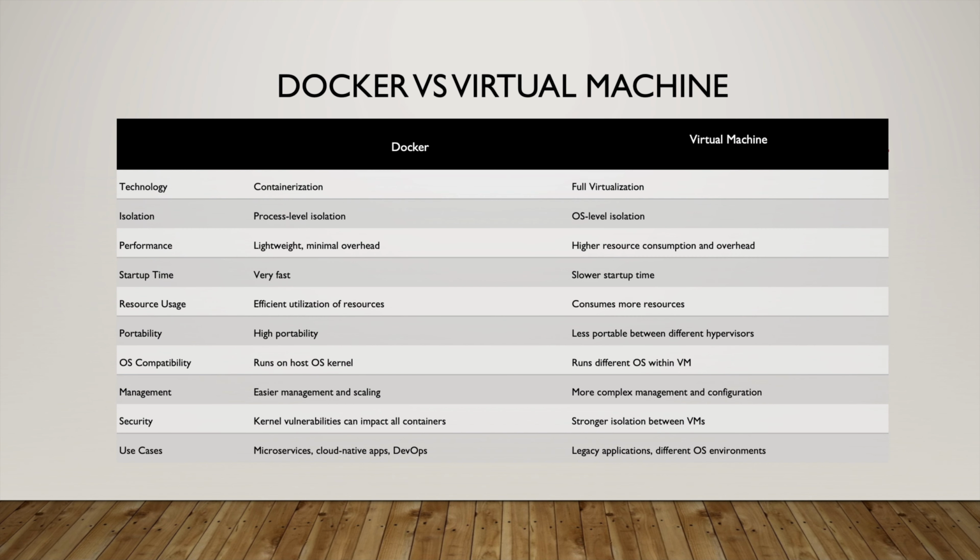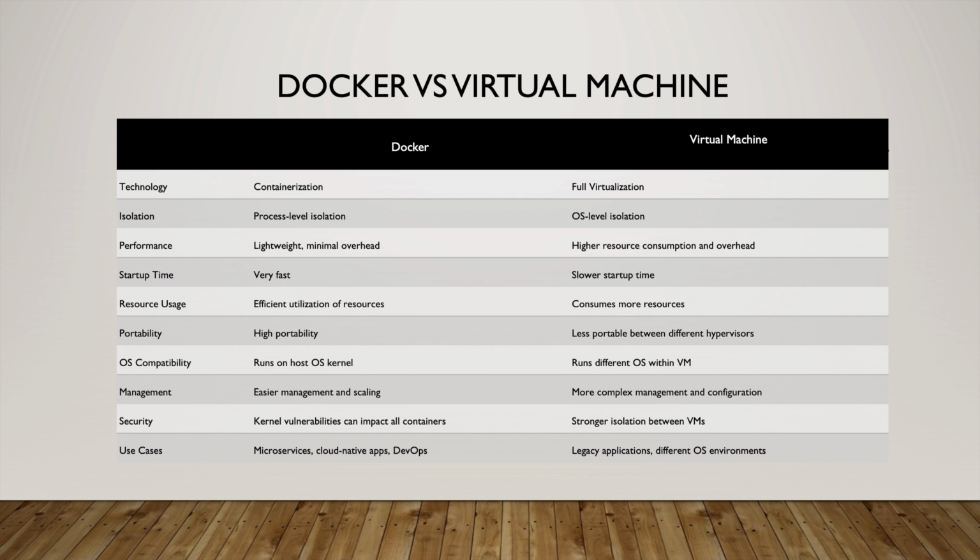So let's discuss on VirtualBox, because in my series I have also shown you how to create a virtual machine using VirtualBox, and how you can automate this using Vagrant. There are many differences between Docker and virtual machines.